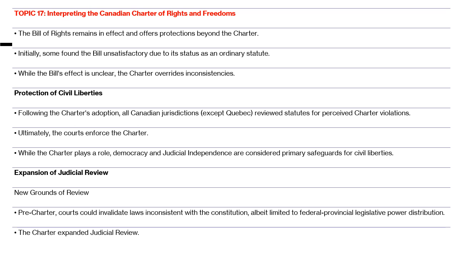So firstly, we'll start from topic number 17, interpretation of the Canadian Charter of Rights and Freedoms. What do we mean by the word interpreting? In simple terms, interpretation means you have a text before you, like a Charter provision.